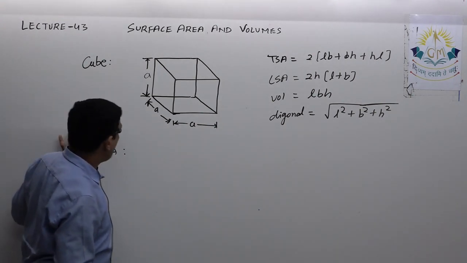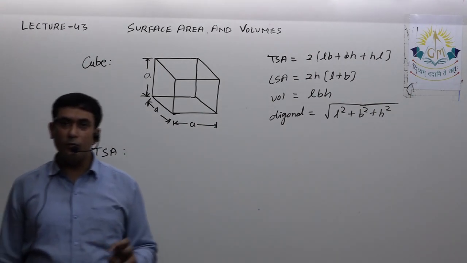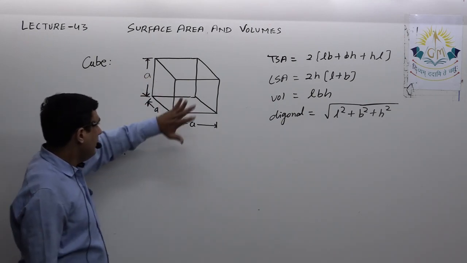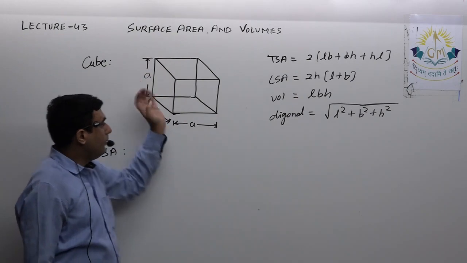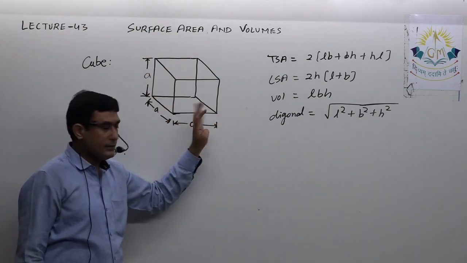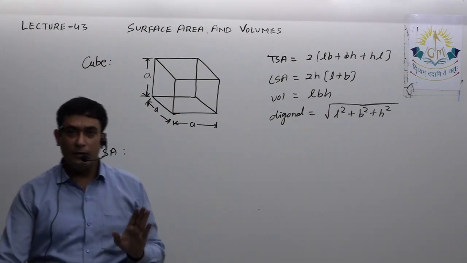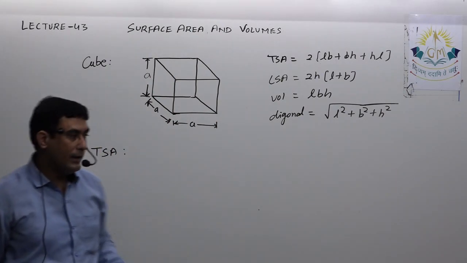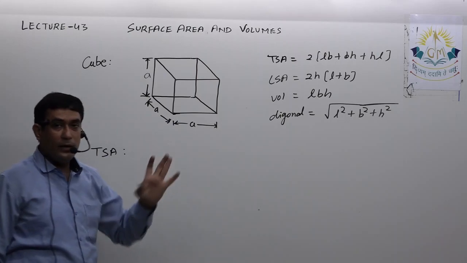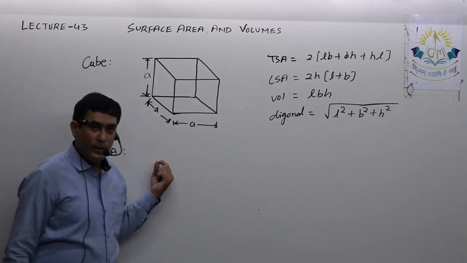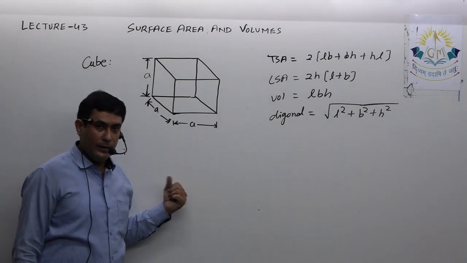As I told you, there are two ways to find the formulas for the cube. In a cube, there are six surfaces just like a cuboid. In a cuboid, all the surfaces were in the shape of a rectangle, and here all the surfaces are in the shape of a square. We know the area of a square is side square.